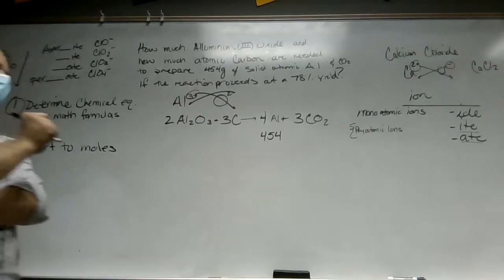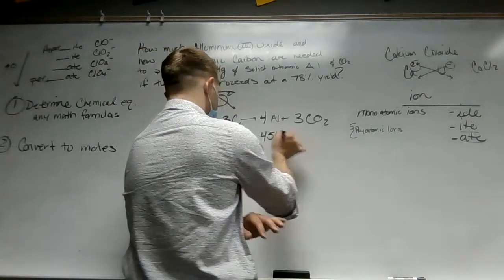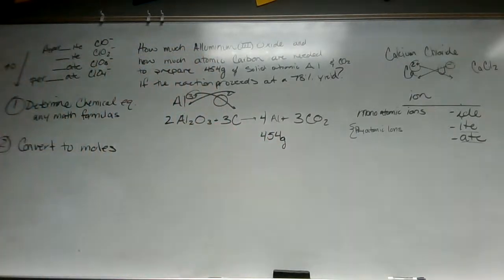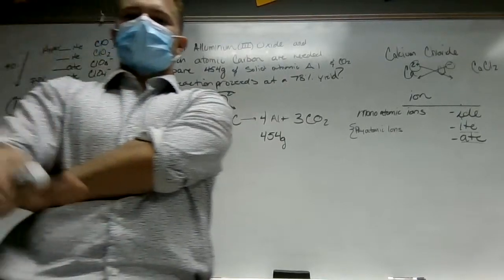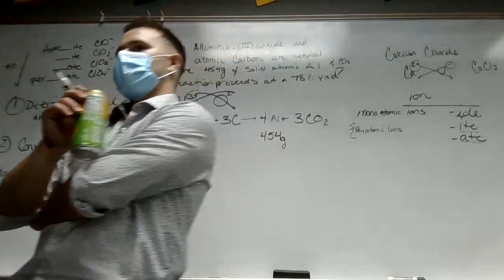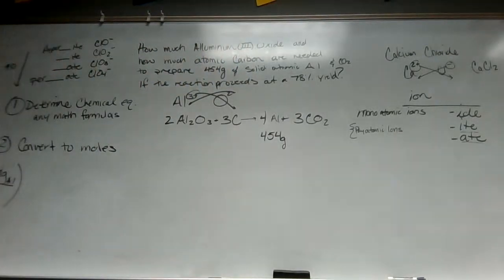We have 454 grams of aluminum. How do we go about converting that to moles? How do we go from grams to moles? Molar mass. How do we find the molar mass of aluminum?